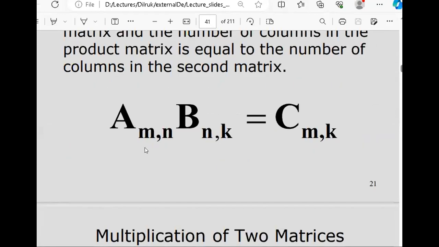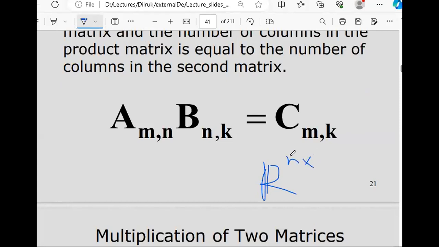Actually, matrix multiplication is a group. Let's say you have real matrices that are n by n.